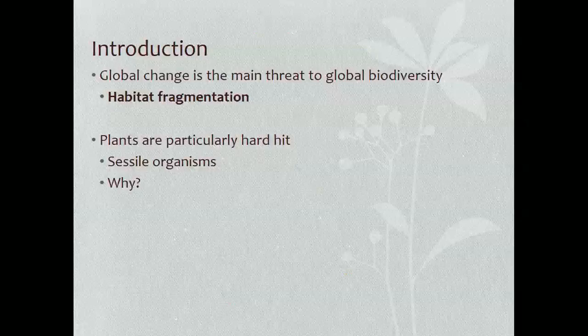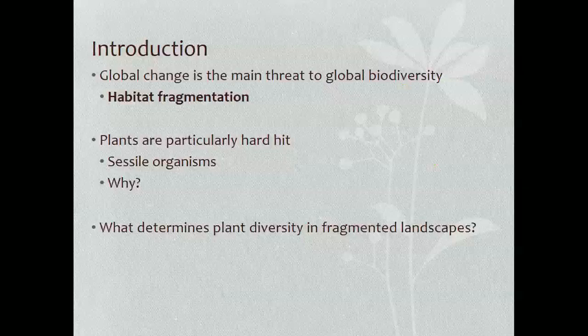Why is that? Or if we rephrase the question, what drives plant diversity in fragmented landscapes? Again, it's widely acknowledged that dispersal processes in fragmented landscapes are one of the key aspects.